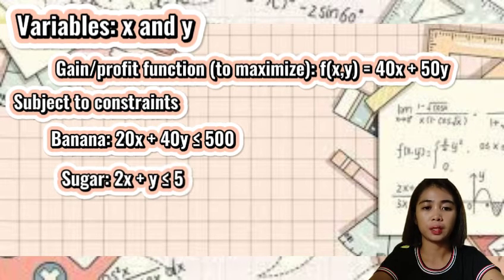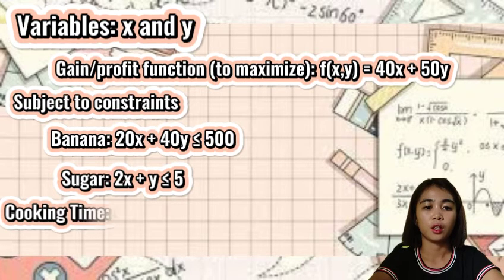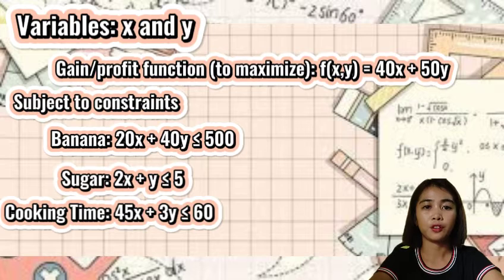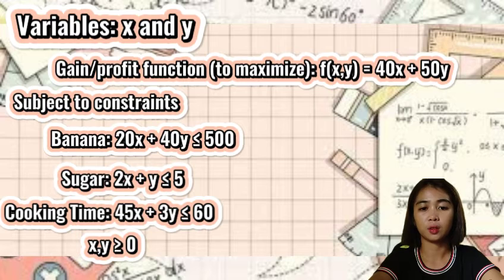Sugar, 2x plus y is less than or equal to 5. For cooking time, 45x plus 3y is less than or equal to 60. And x and y are greater than or equal to 0.